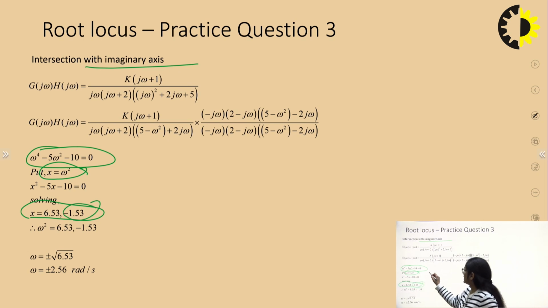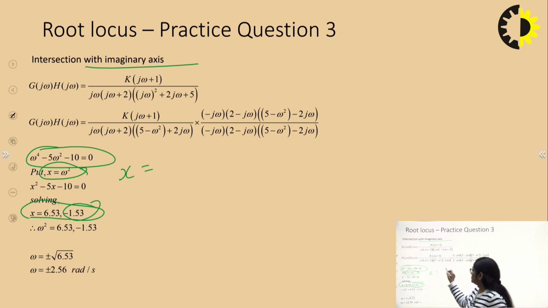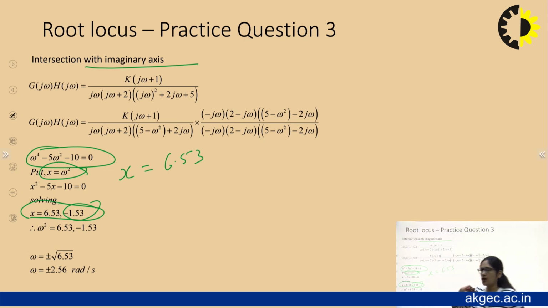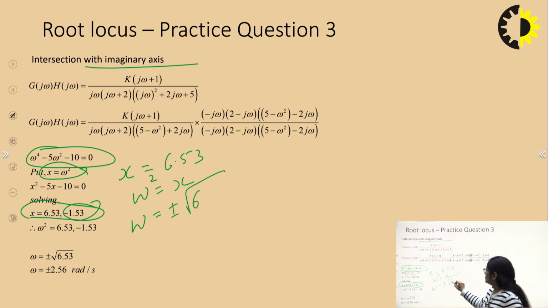Therefore, we are taking x is equal to 6.53, and since we are to find the value of omega, and omega squared was taken as x, omega will be plus or minus root 6.53. So omega comes out to be plus or minus 2.56 radians per second.